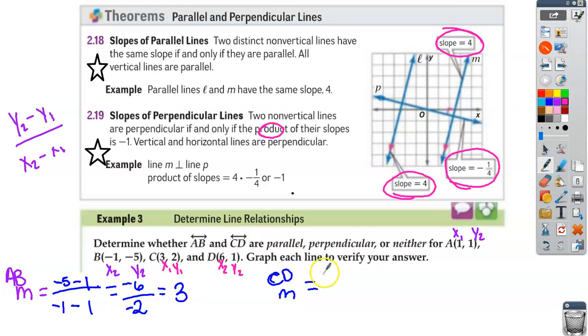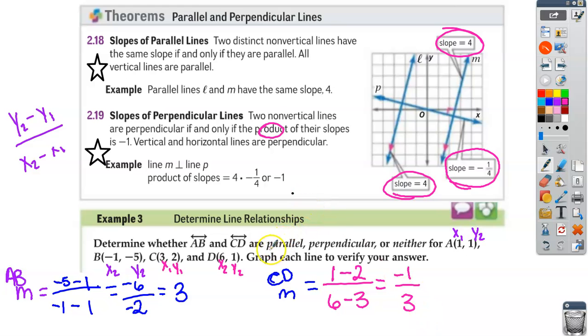So y2 goes first, 1 minus y1, which is 2, over x2, which is 6, minus 3, which is x1. So I get 1 minus 2, which is -1, over 6 minus 3, which is 3.